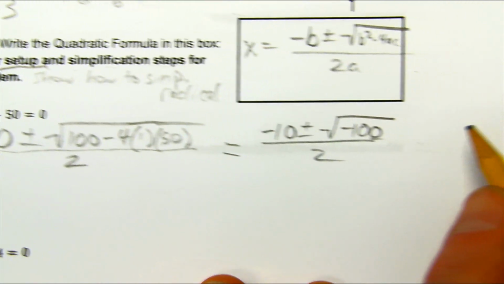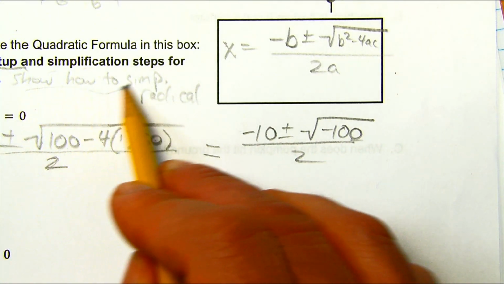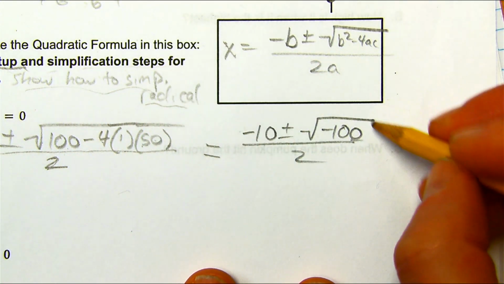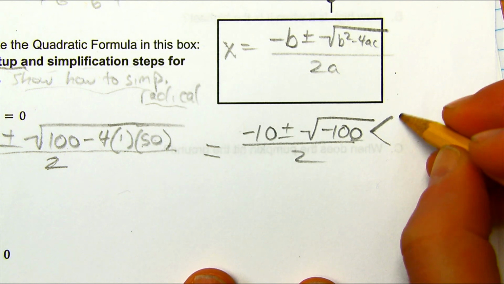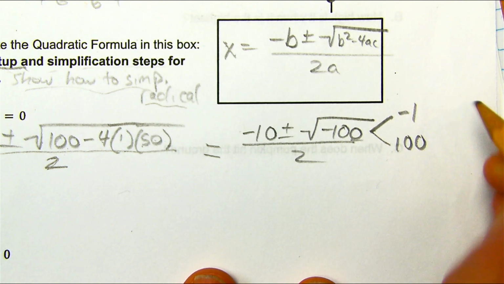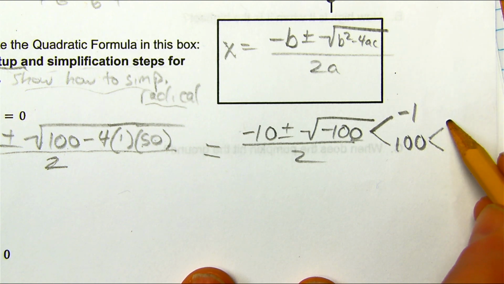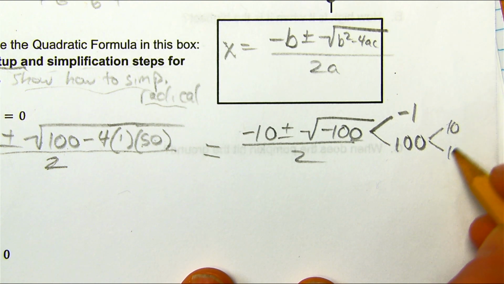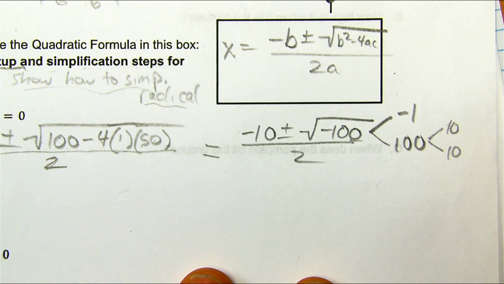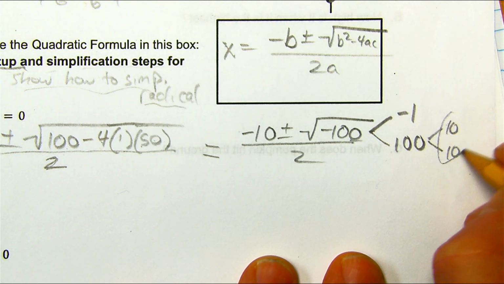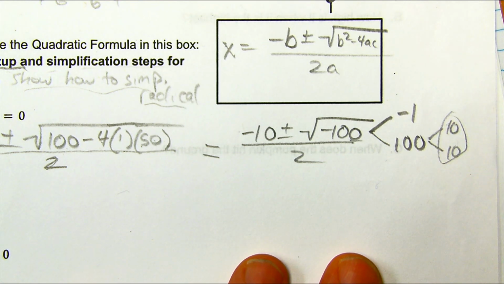Okay, now here's where we need to show how to simplify the radical. Negative 1 times 100. You can break this down a bunch of different ways. 10 and 10 is the easiest way. And then a pair makes a square, so the square roots out as a 10.